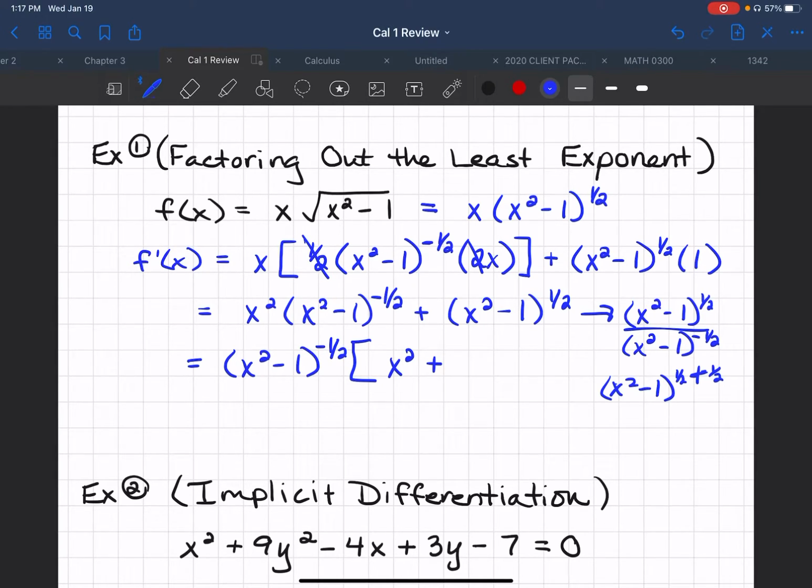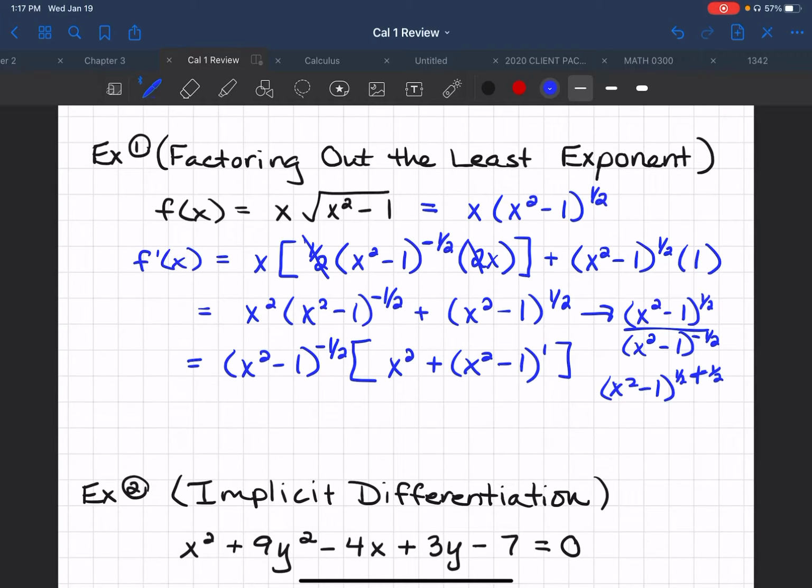So when I factor out this from this, it's just going to leave me with x squared minus 1 to the first power. Now you don't have to write that down. It's understood, but I just wanted you to understand where that 1/2 went to.